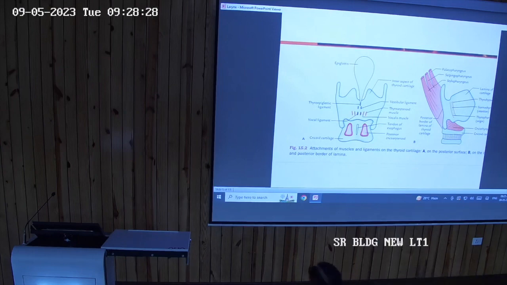You can see the two laminae of the thyroid cartilage, they are fused in the midline, and the fusion of these forms the angle of the thyroid cartilage. This angle of the thyroid cartilage is about 90 degrees in male and obtuse in female.